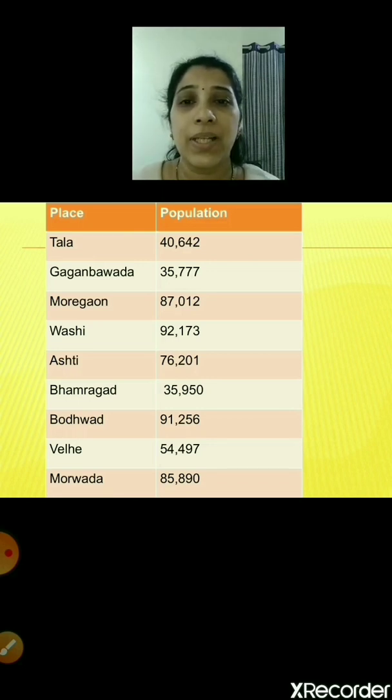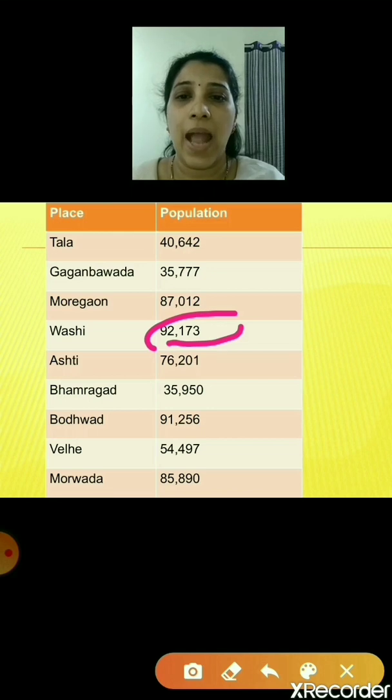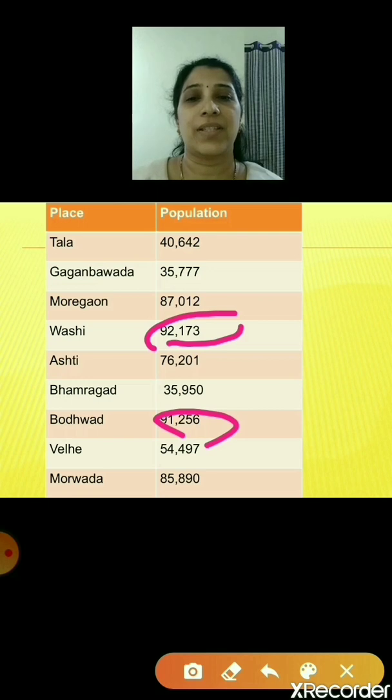But the number 9 is there in two places. If you can see, Vashi is 92,173 and Bodhwad is 91,256. Now both the numbers in the 10,000s place are the same, so we'll go to the thousands place. I will circle Vashi as 92,173 and Bodhwad as 91,256.